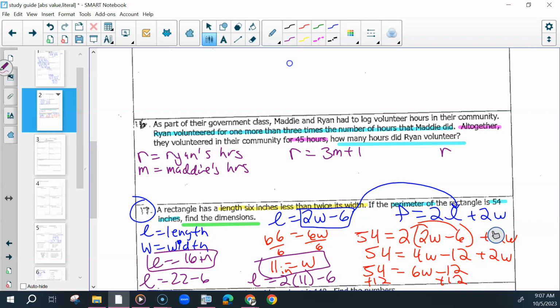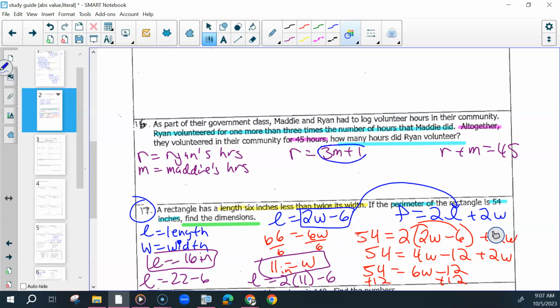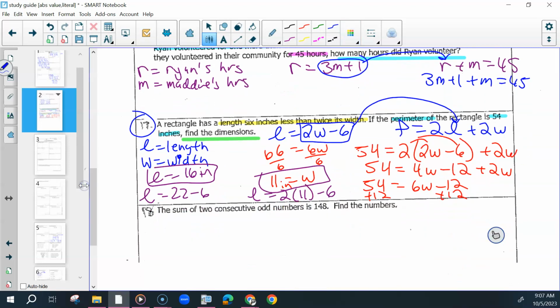So we knew what R was and we knew what M was, and we added them together. It would equal 45. Then we could take Ryan's equation and put it in for R. So 3M plus 1 plus M equals 45. And solve for M and then go back and solve for R.